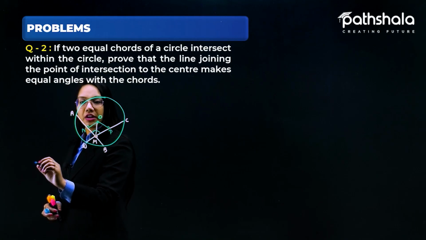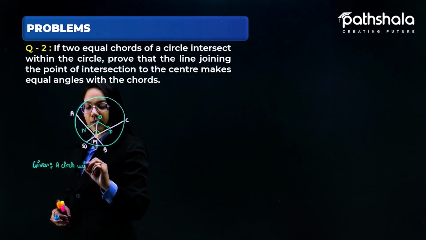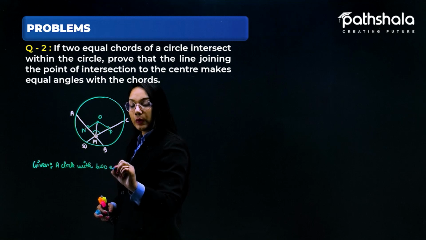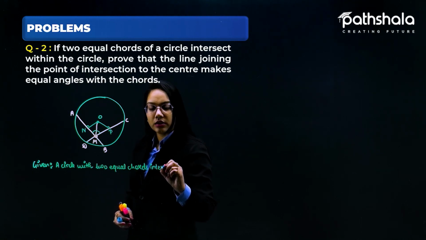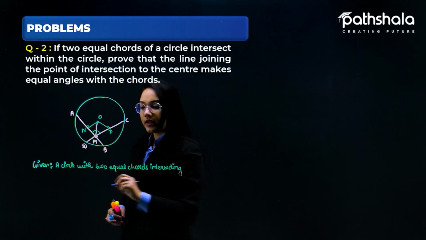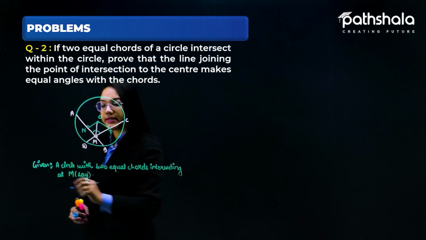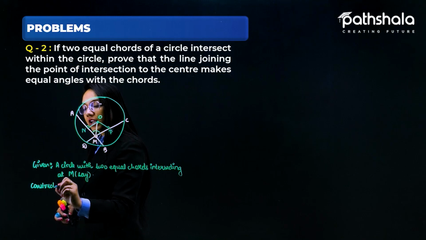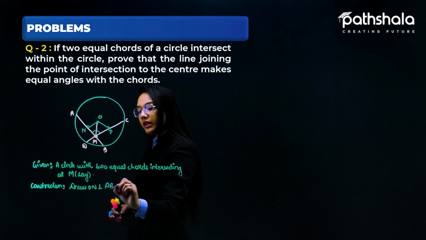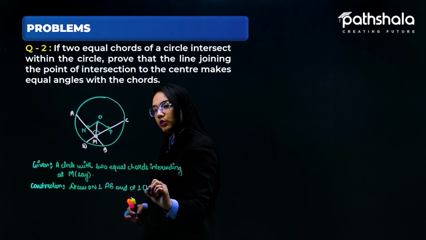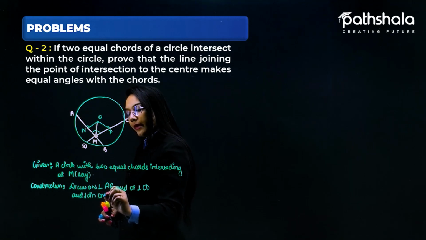So let's start with the given conditions. The given was a circle with two equal chords intersecting at M. The construction we have taken: draw ON perpendicular to AB and OP perpendicular to CD and join OM.